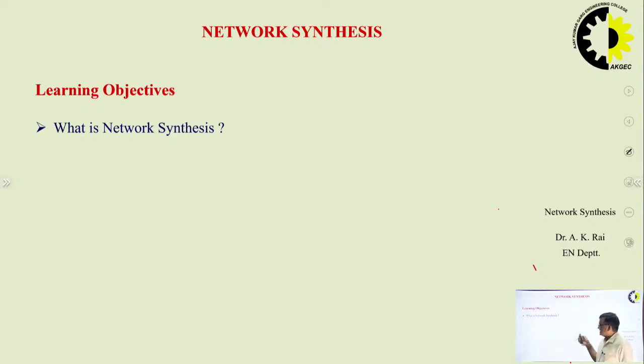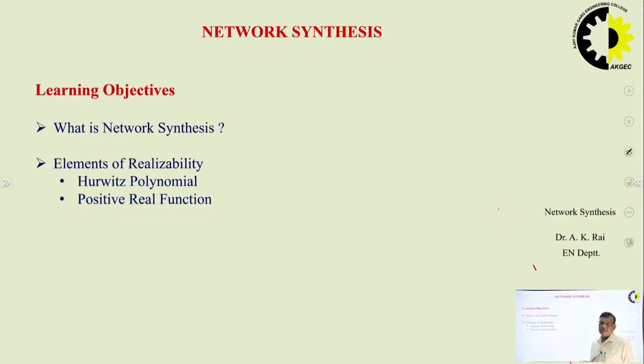We will discuss in detail what is network synthesis, then what are the tools required to synthesize a network, known as elements of realizability, and they are the Hurwitz polynomial and PRF, positive real functions.